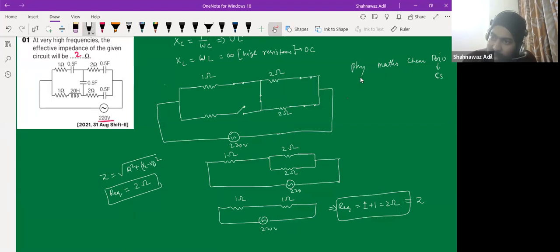So what you guys do is make a daily target of, let's say, half a chapter and half a chapter, and let's say you give 1 hour and 1 hour and 1 hour. All these chapters, right?